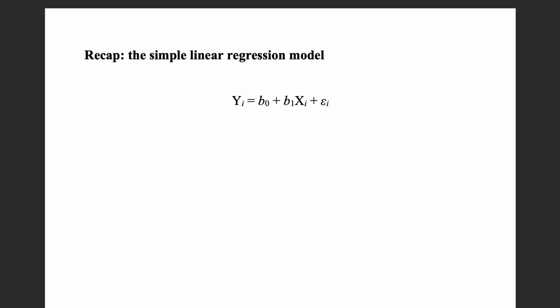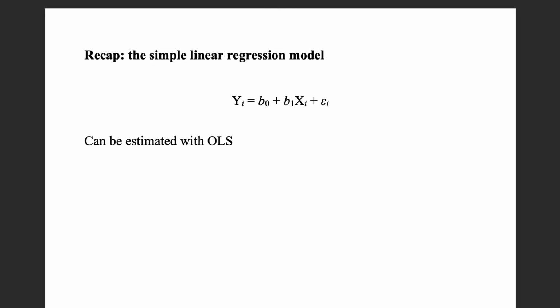And because we recognize that we won't ever be able to perfectly predict the outcome, the dependent variable y for each case, we also include an error term that captures the difference between what we would predict based on the regression coefficients and what we actually observe for the different cases for our dependent variable.